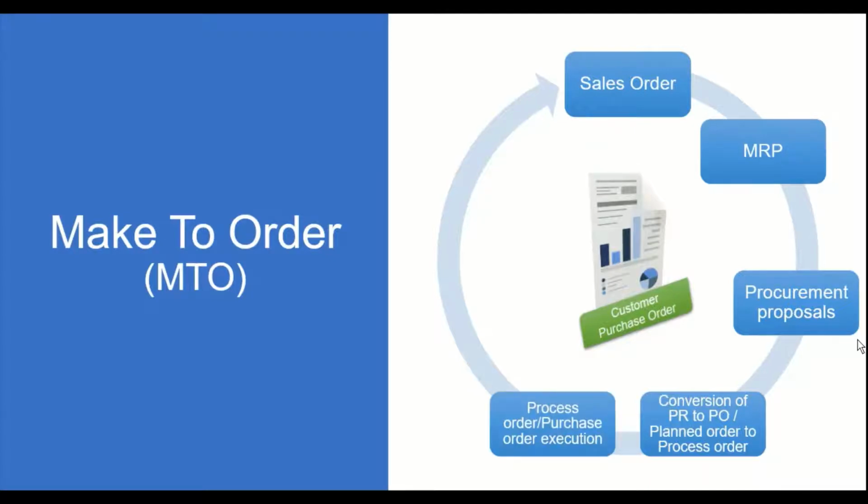So the planned orders will be converted into process orders or the production orders. So depending on the scenario, if it is a pharma company or a food-based company, it is going to have a process order. Or in case of a discrete manufacturing process, we will be having the production orders created.